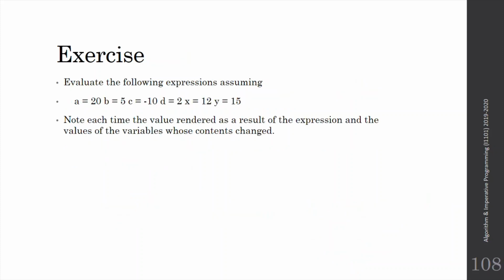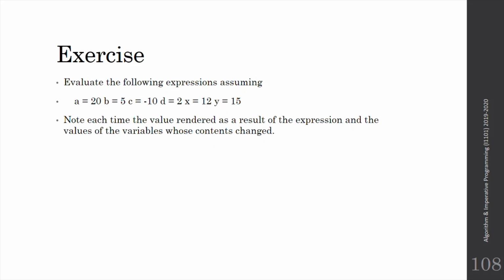So we'll have an exercise here. We need to evaluate the following expressions, knowing that a is equal to 20, b is equal to 5, c is equal to minus 10, d is equal to 2, x is equal to 12, and y is equal to 15. They are asking us to note each time the value returned as a result of the expression and the value of the variables whose content changed.